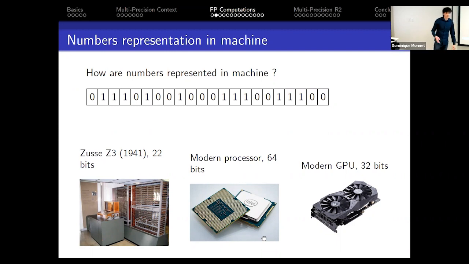Most of your modern processors and laptops run in 64 bits, so the size of the number represented in the machine is 64. A GPU is typically 32 bits, but correct me if I'm wrong. And the first computer we can consider modern is the Z3, built in 1941, running with 22 bits.